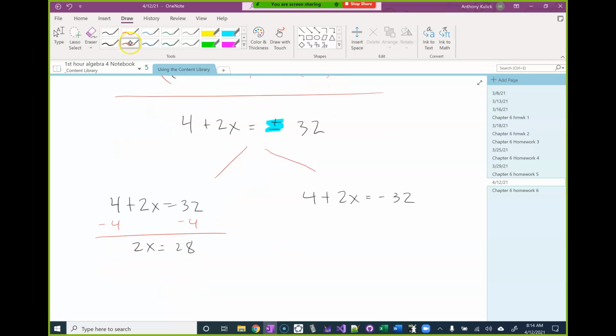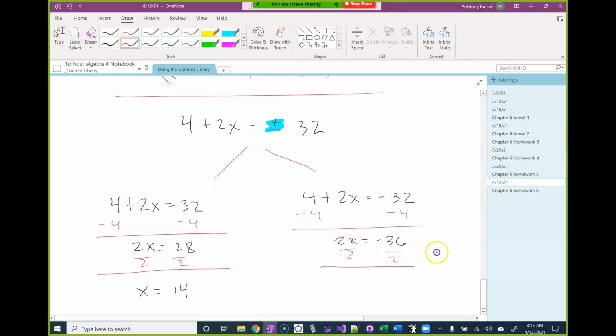So I can subtract 4 from both sides and then divide both sides by 2. We get 14 for that one. We'll do the same thing over here. Subtract 4 and then divide by 2. And we get negative 18.